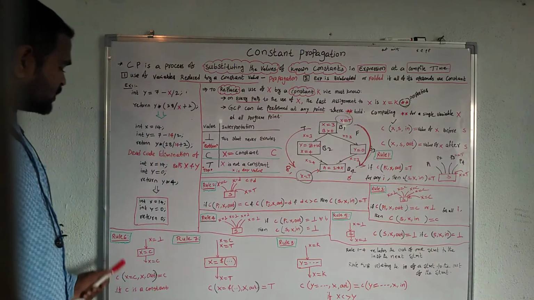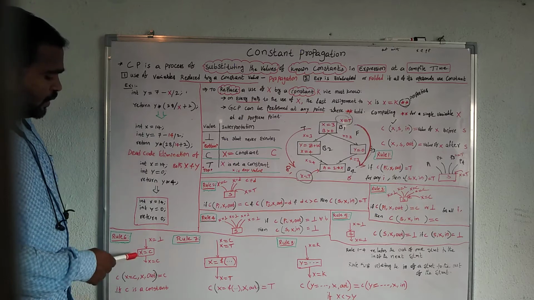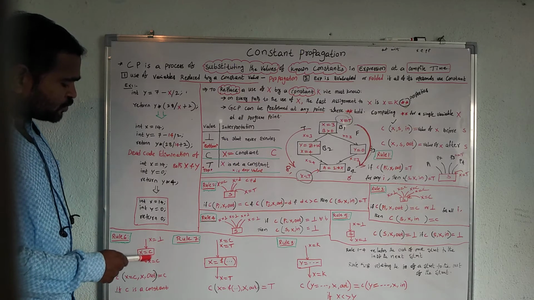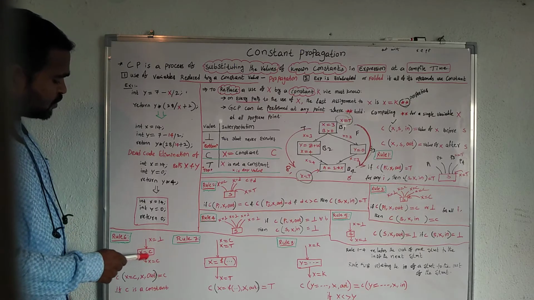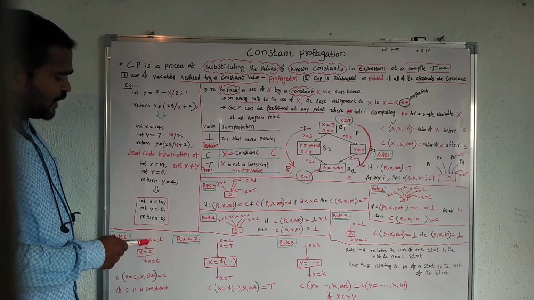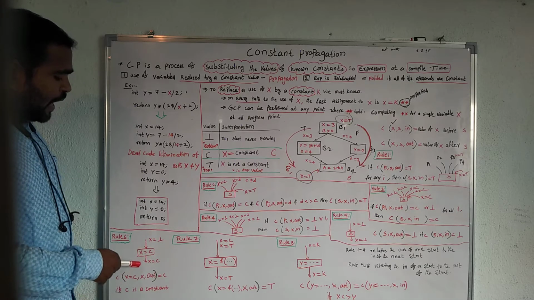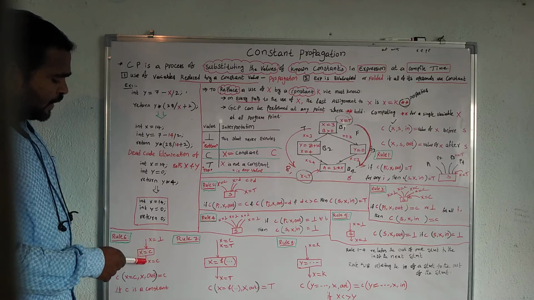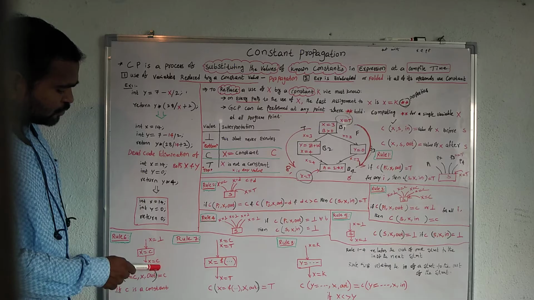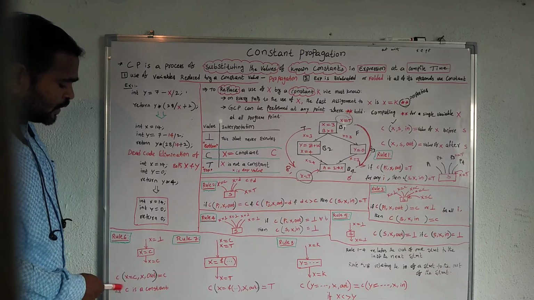And rule number 6. In rule number 6, what happened here? We have the statement x is equal to c. In this case, before this statement, the predecessor statement has x is equal to bottom, and after this statement's evaluation, you get x is equal to c. Please observe this constant function here.